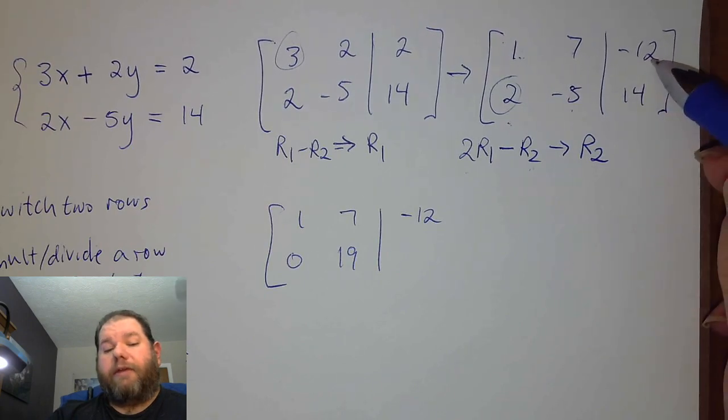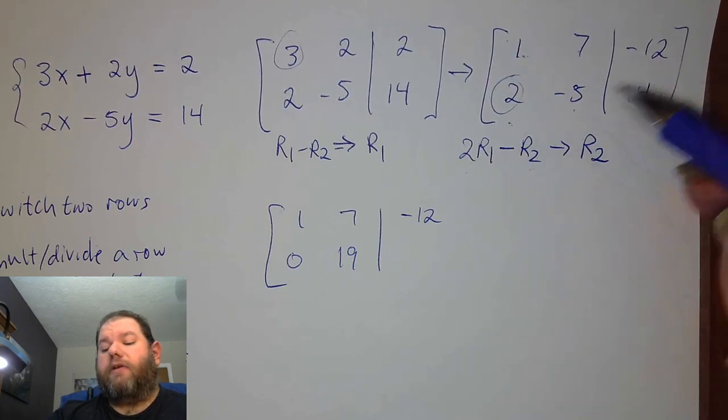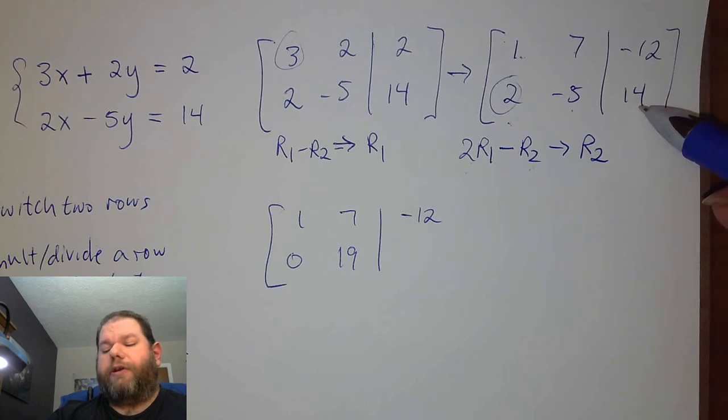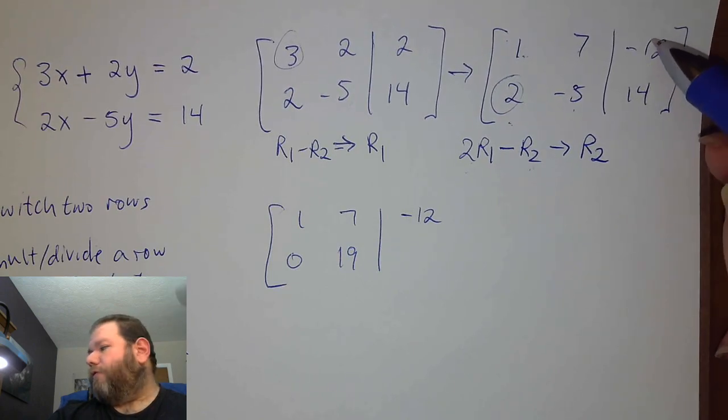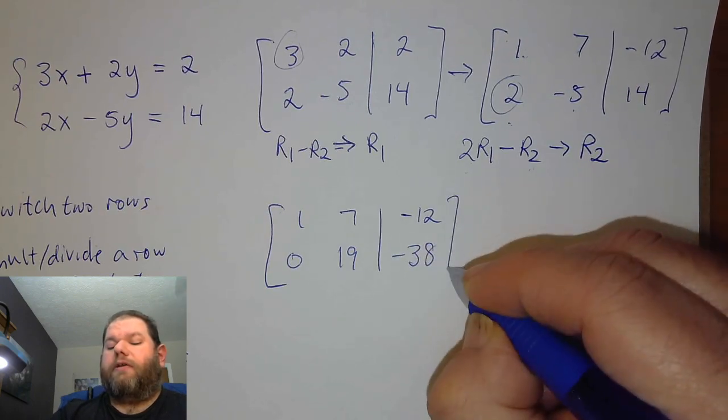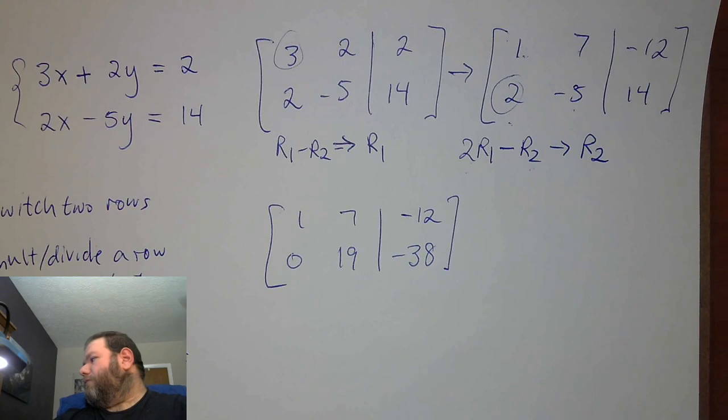And 2 times negative 12 is negative 24. Subtract 14. So negative 24 minus 14 is negative 38. Okay.